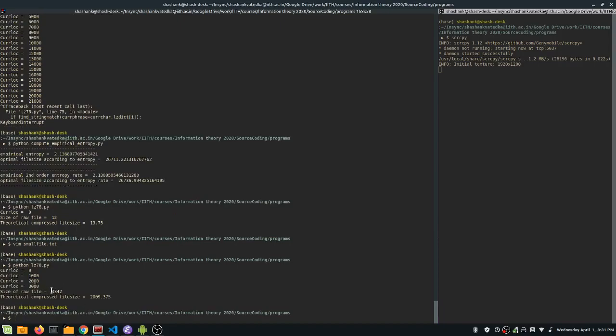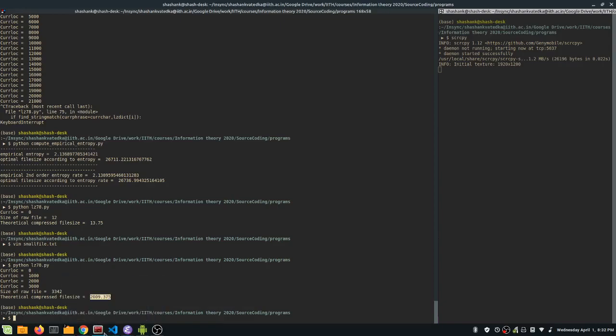The raw file has 3342 bytes, but the compressed file, while it doesn't achieve the entropy, has a file size of around 2 kilobytes. Now, what would be the entropy rate of this file?